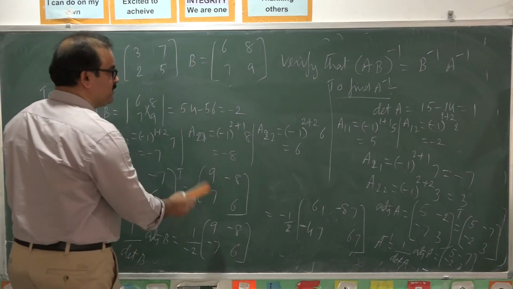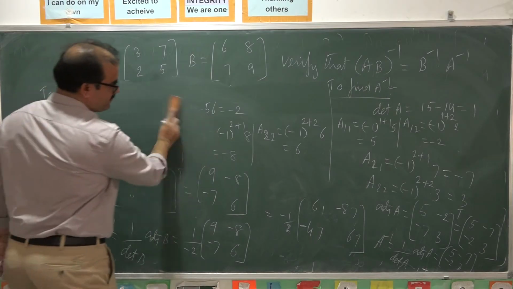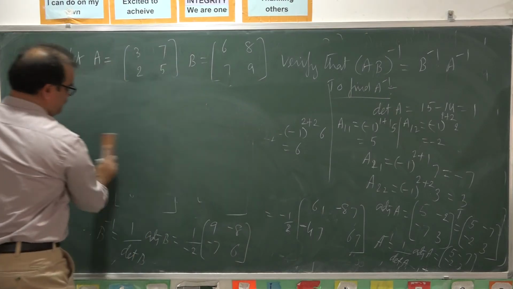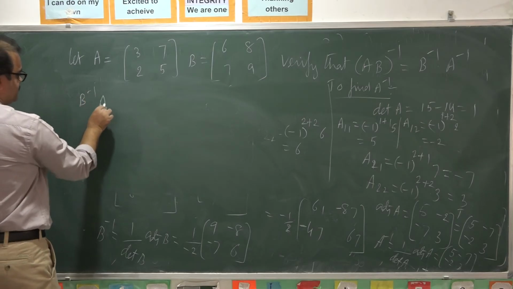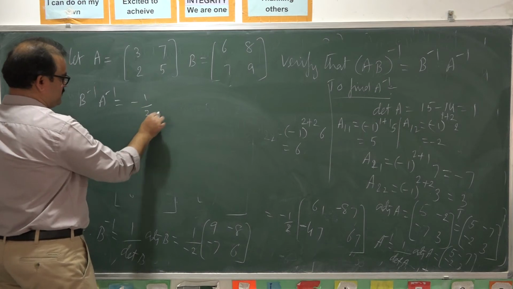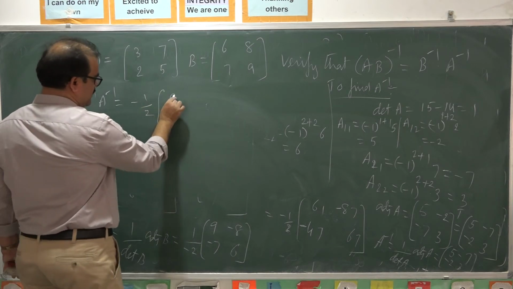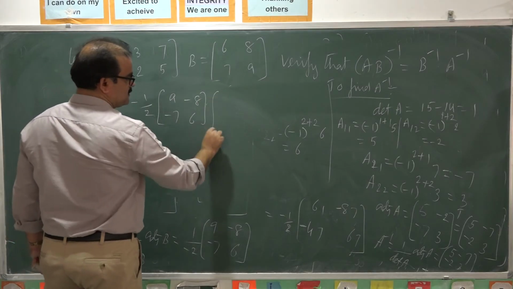Now B inverse into A inverse. RHS, B inverse into A inverse is equal to, what is B inverse? Minus 1 by 2 into 9, minus 8, minus 7, 6.